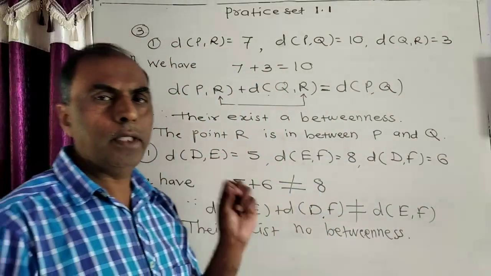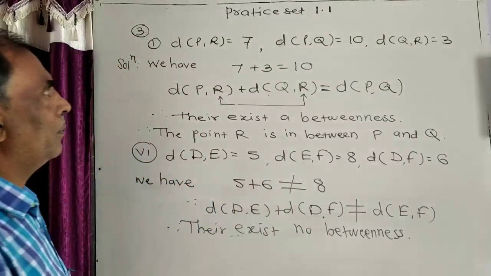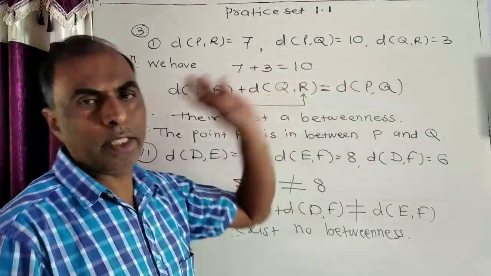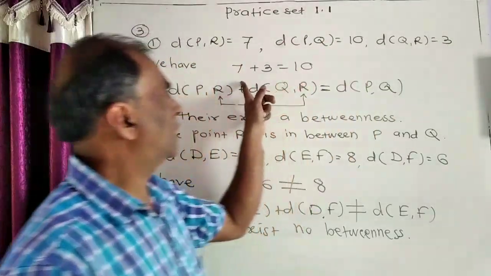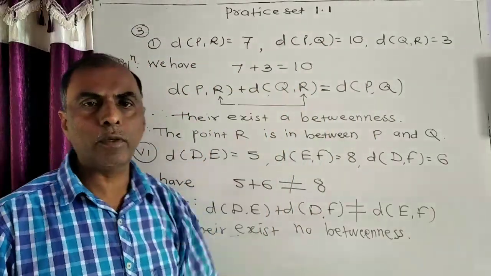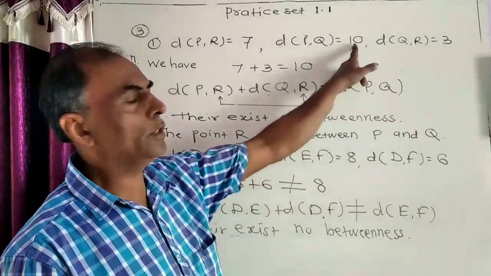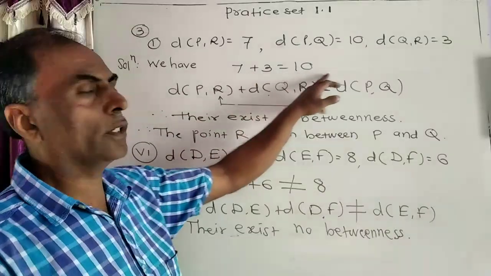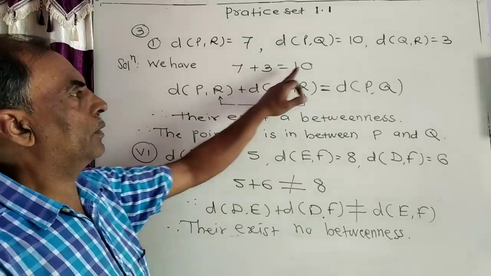If the sum of the two small distances is equal to the greater distance. From the information we see that 7 plus 3 is equal to 10. The sum of the two small distances, 7 plus 3, is equal to 10, which is the greater distance. So we write 7 plus 3 is equal to 10.